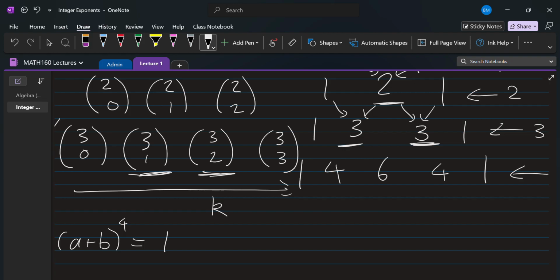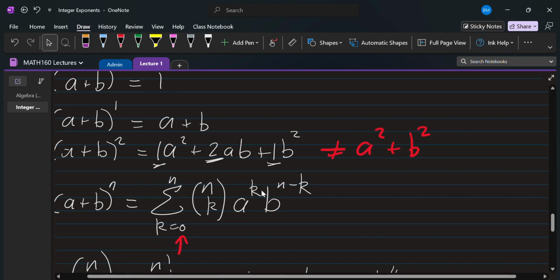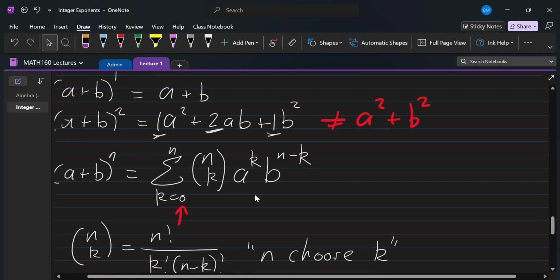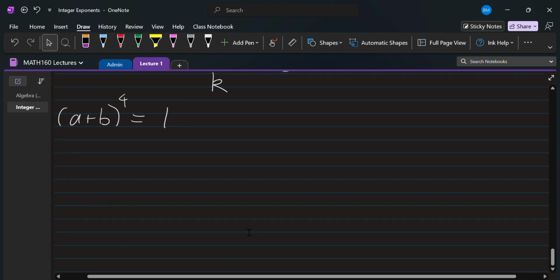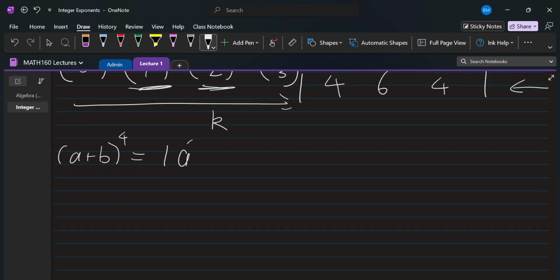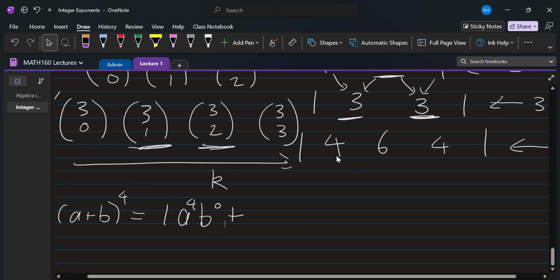So all we do is we draw this triangle from 0. Remember, we always start from 0 down to 4. So this one is for 0. This is for 1. This is for 2. This is for 3. This is for 4. And we don't go past that because we're only interested in 4. So we go through the pattern. First number is 1. So we put a 1.